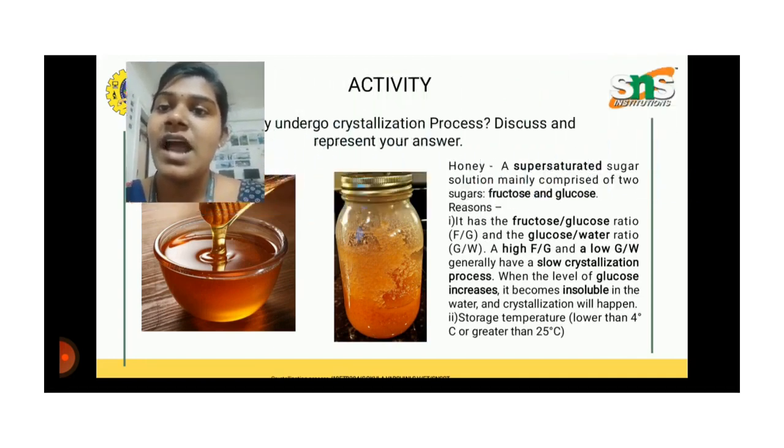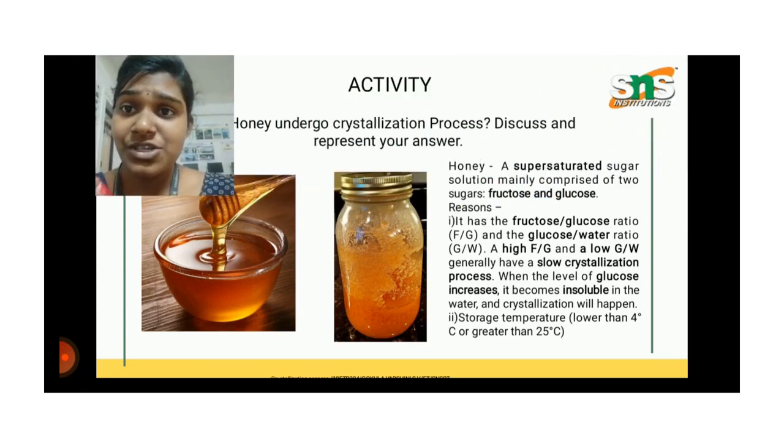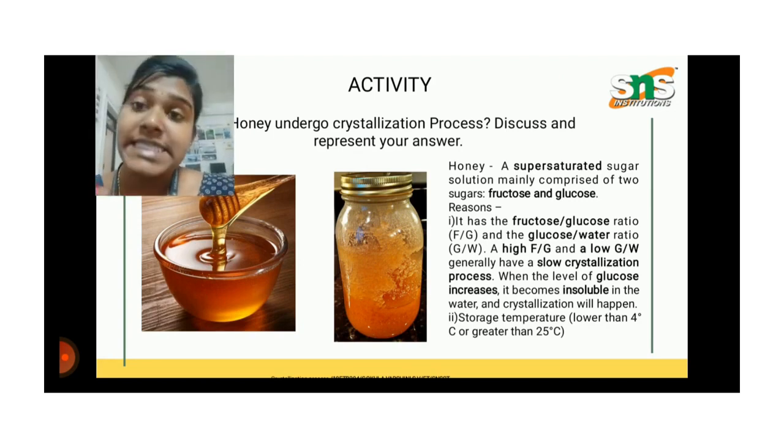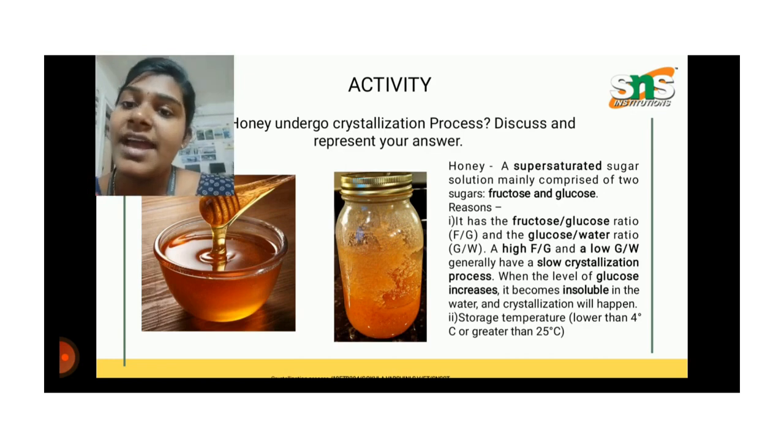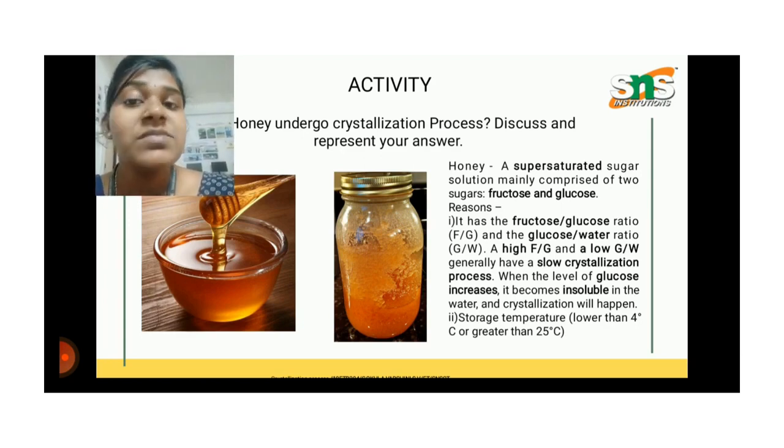Honey is a supersaturated sugar solution mainly composed of two sugars, fructose and glucose. The reason for crystallization is the fructose-glucose ratio and the glucose-water ratio. These two are the main reasons for the crystallization of honey. A high fructose-glucose ratio and a low glucose-water ratio generally give a slow crystallization process. When the level of glucose increases, it becomes insoluble in the water and crystallization will happen.